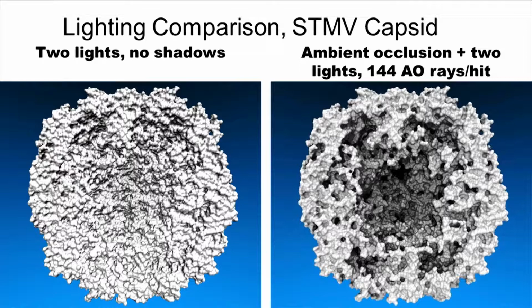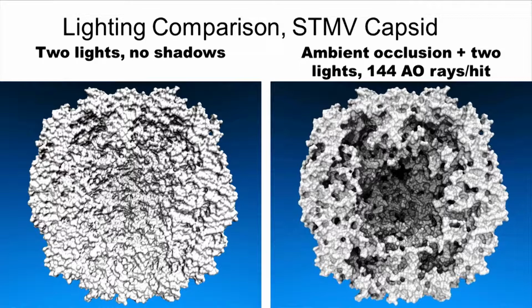And so the benefit of a technique like ray tracing is we can implement advanced lighting models like ambient occlusion lighting very easily and very conveniently. Ambient occlusion lighting is basically, if you imagine standing outside on a cloudy day where light comes from all directions, that's what it's sort of emulating. And it brings out immediately all the pores, pockets, and cavities.